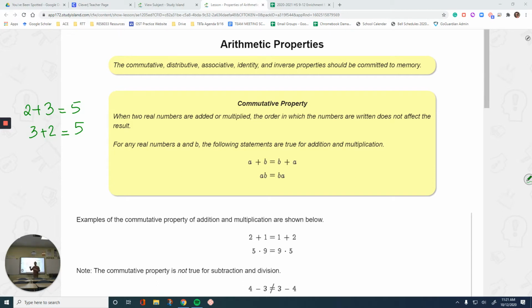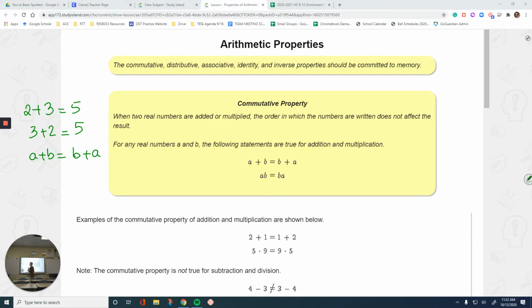The properties look kind of similar, so you literally need to know 100% which definition goes with which term. To generalize this statement, you can do a plus b equals b plus a. That's what commutative property is. You can just switch them around without changing the answer.